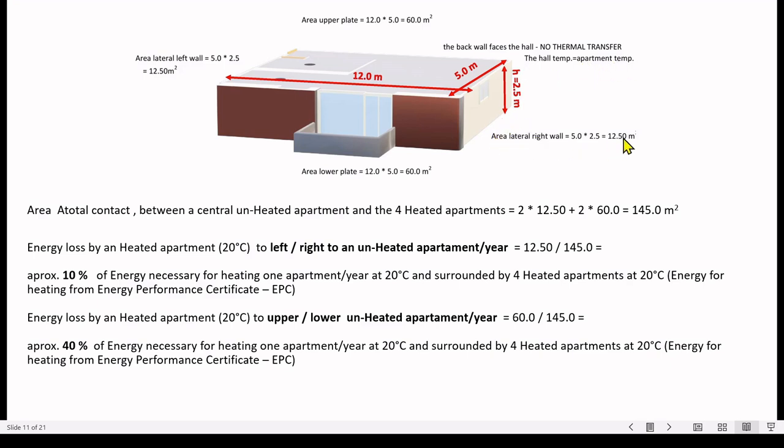The lateral right area is equal to the left, and the area of the upper plate is equal to the lower plate. The total area is this one, 145 square meters.